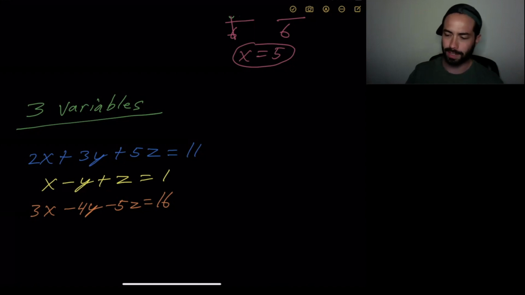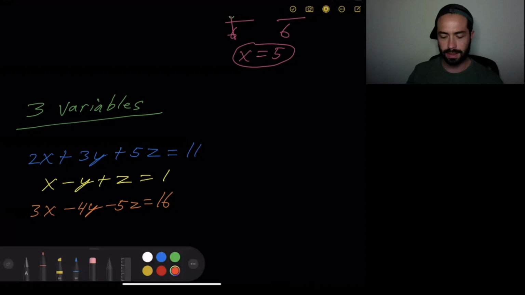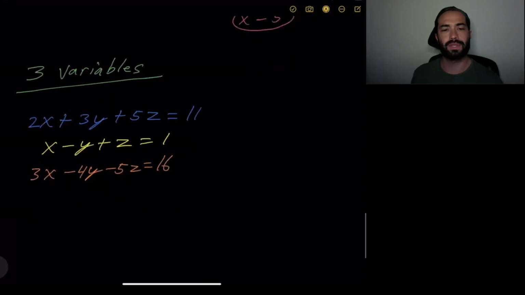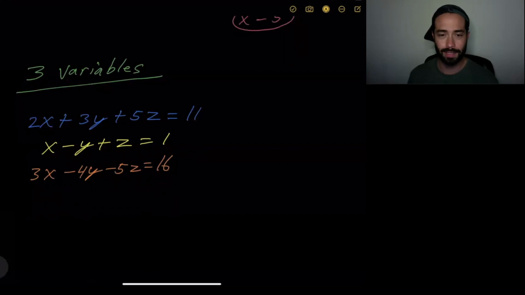So when we first look at this, let's see, we've got 2x plus 3y plus 5z. And then we've got an x minus y and a z, and then a 3x minus a 4y minus a 5z. Look at that. We have a 5z and a negative 5z. So let's write those two next to each other.